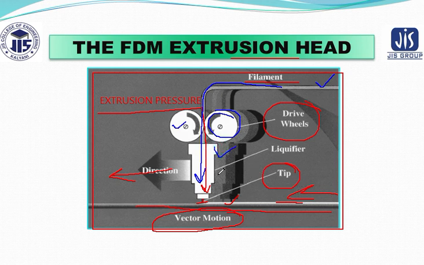And this is where the liquefier is occurring, and this is the tip through which the material is flowing and getting deposited. In which direction is it getting deposited? In this particular direction. So I think from this figure it is clear how fused deposition modeling is occurring and what the important function of the extrusion head is in this setup. Now let's have a look at the next slide.